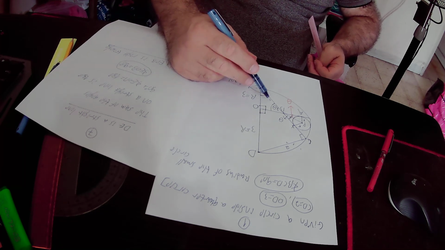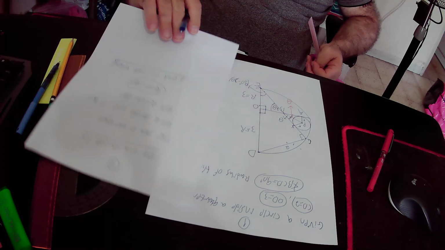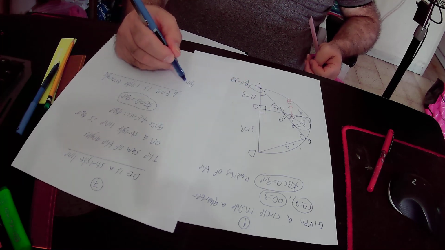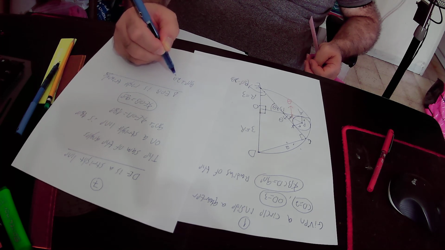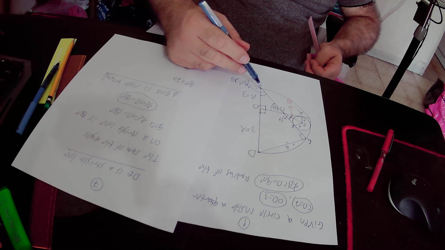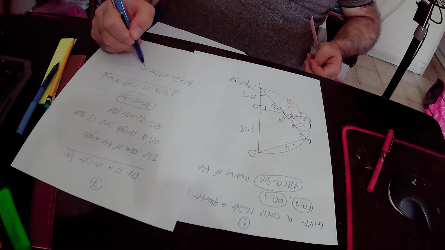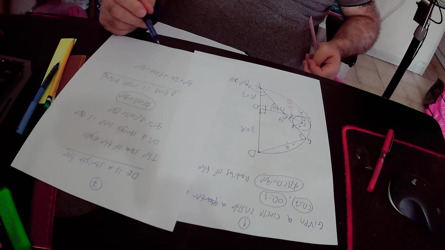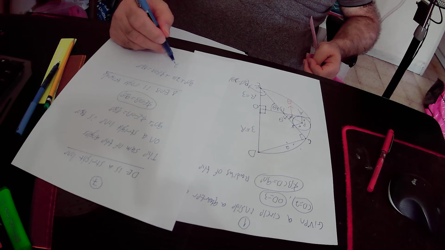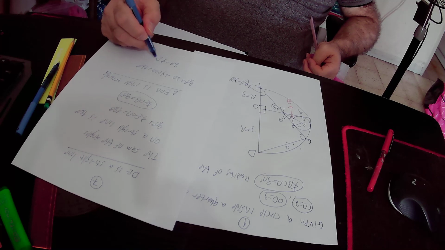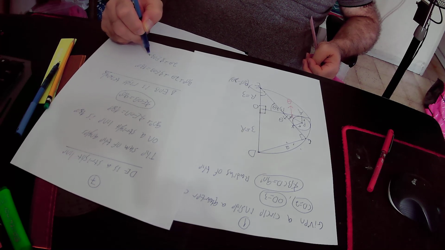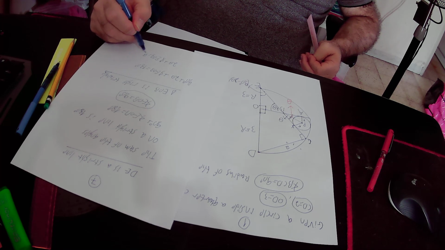So 90 degrees plus 2 theta plus the size of the third angle must be equal to 180 degrees. If we subtract 90 degrees from this equality, we get that 2 theta plus the angle equals 90 degrees.